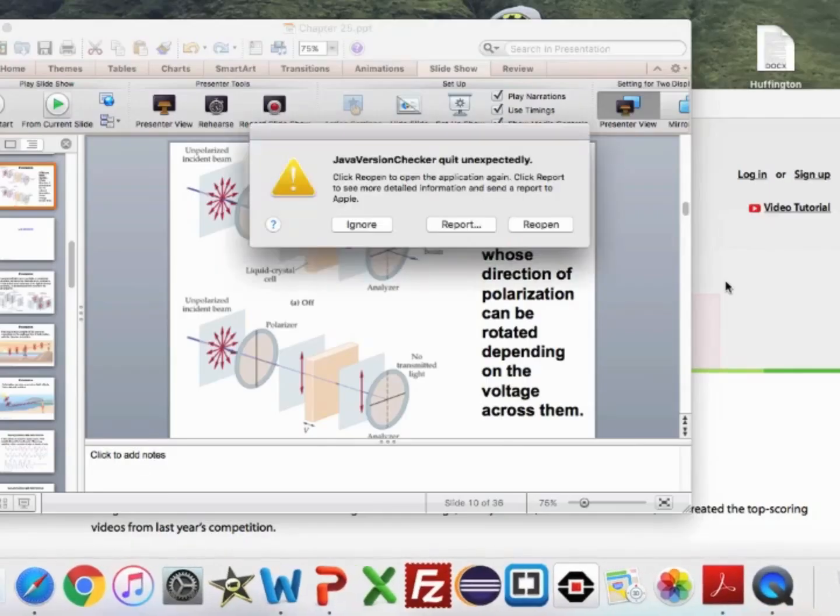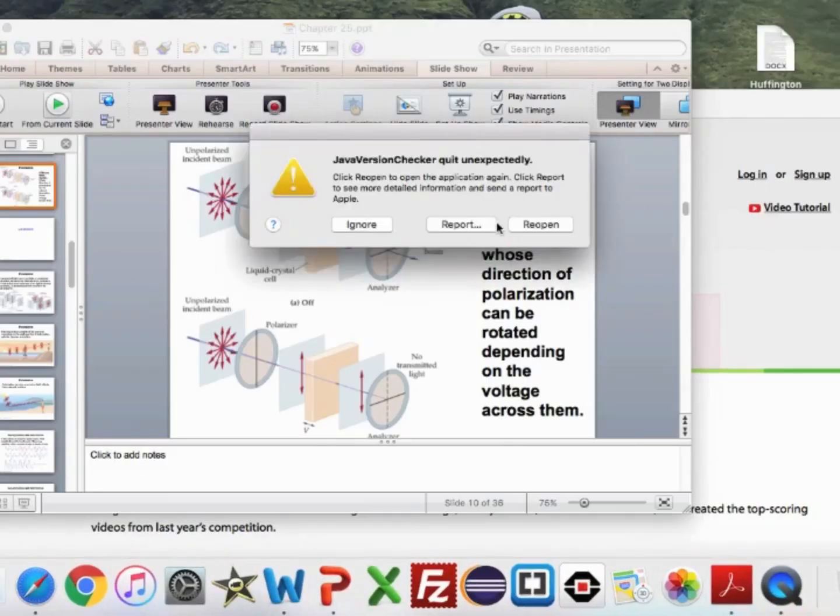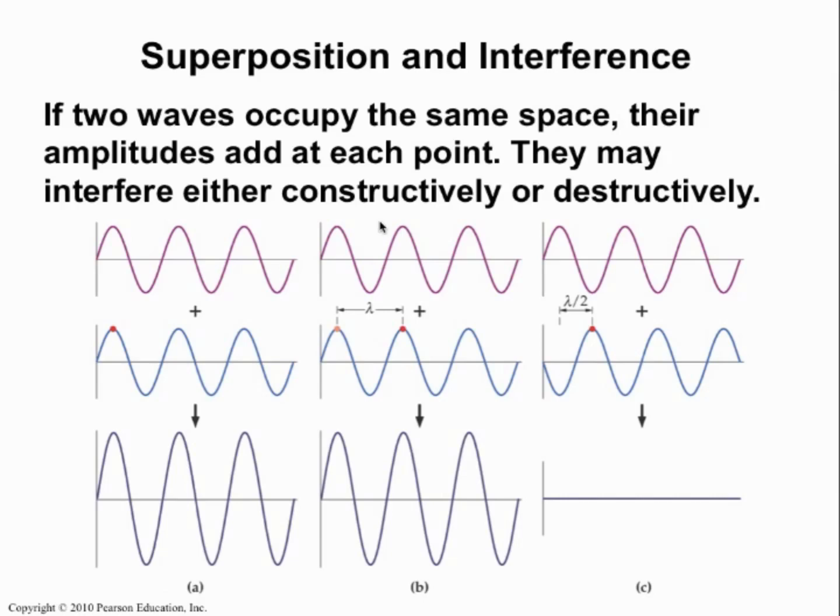So if two waves occupy the same space, their amplitudes add at each point. They may interfere either constructively or destructively. Okay, so let's say we have two waves here, and notice that the crests line up and the troughs line up.